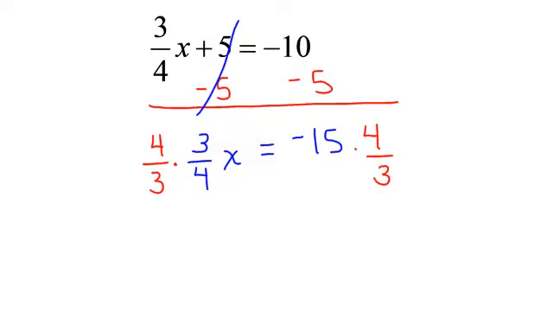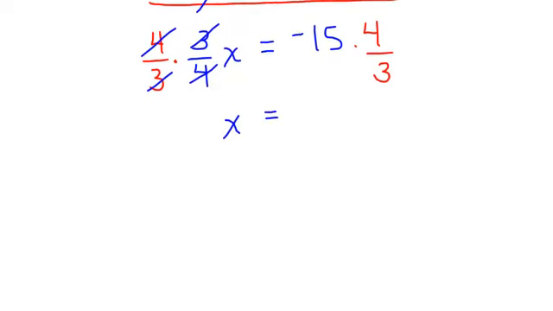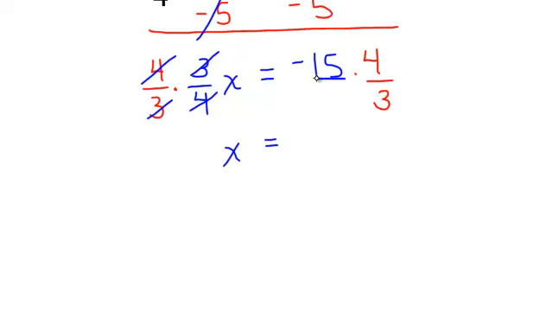On the left side, the 3's will cancel. The 4's will cancel. I will have x equals, on the right side, I'm just multiplying these fractions. You can multiply straight across and then reduce. Or I could say 3, we're going to 3 one time. 3, we're going to 15 5 times. Negative 5 times 4 is a negative 20.